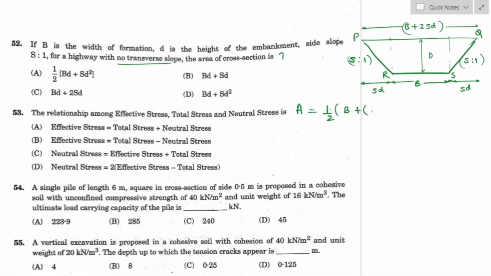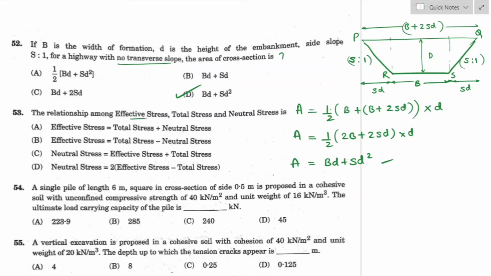So it is B plus 2SD multiplied by the height of the embankment, which is D. So area of the embankment is half times (2B plus 2SD) into D. On solving this, the area of the cross section will be BD plus SD square. So option D is the right answer.